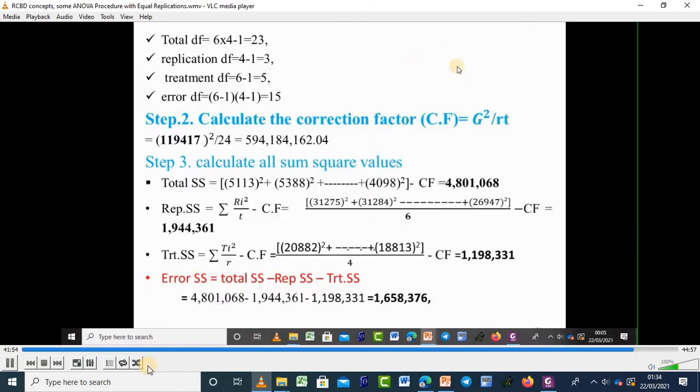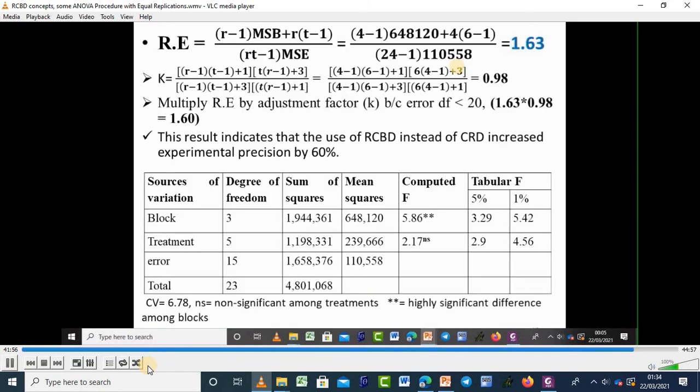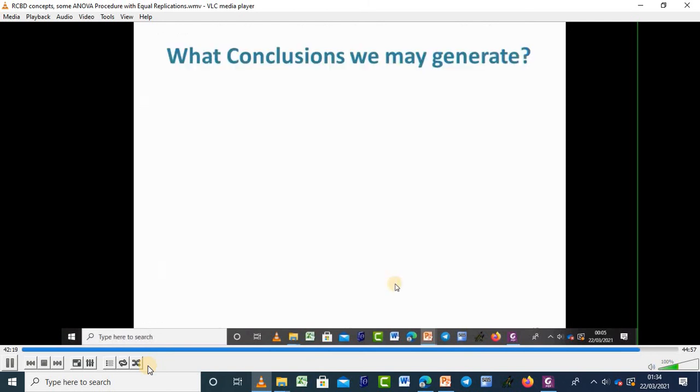That means the result tells us this, and the CV is 6.78. In such a case, for a variety trial, it's tolerable from 0 up to 8%. Therefore, the CV value is good, and it indicates higher precision of the experiment, even though there is no significant difference between the treatments.